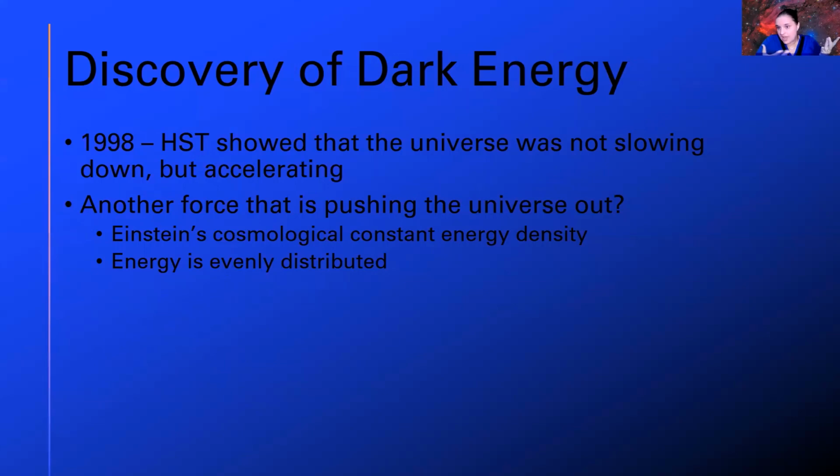But it turns out his quote unquote mistake may be a good explanation as to why we're seeing something being repelled out at a fast rate. That energy could be pushing the galaxies away at a faster rate and causing them to accelerate. And since it's evenly distributed throughout the universe, it causes it to spread out faster.